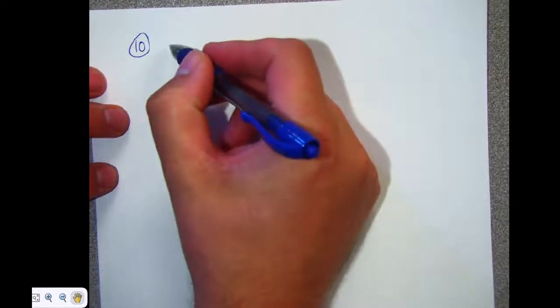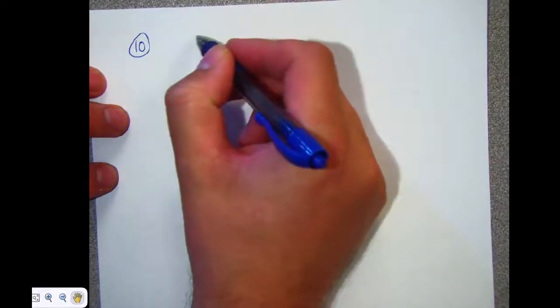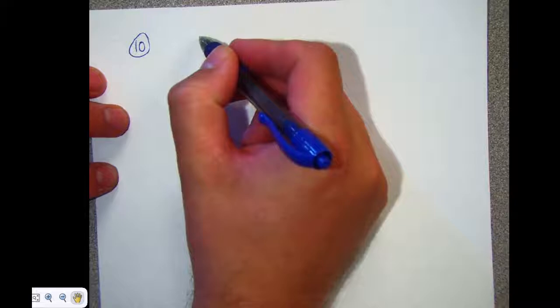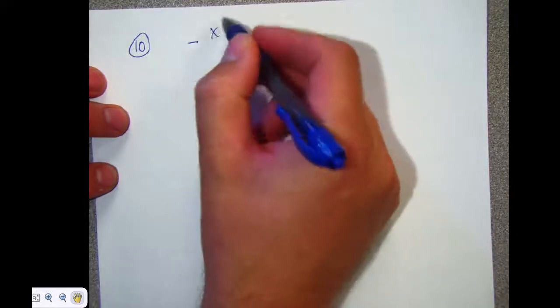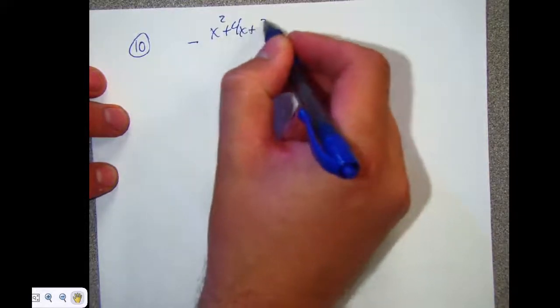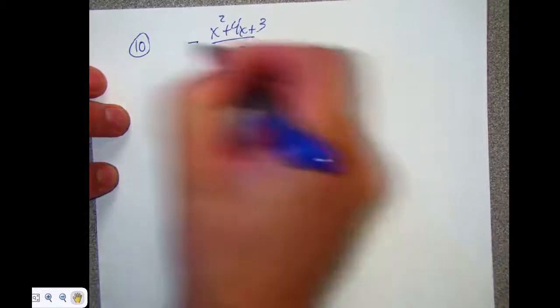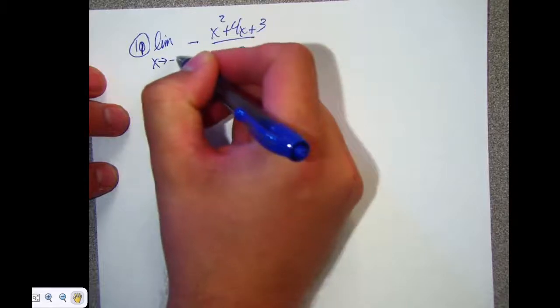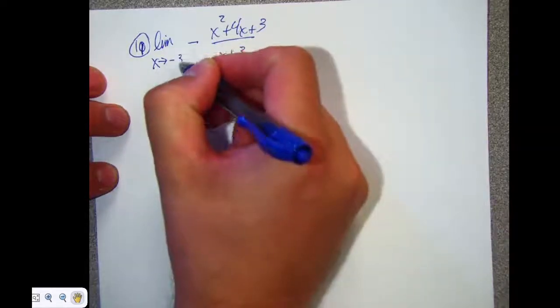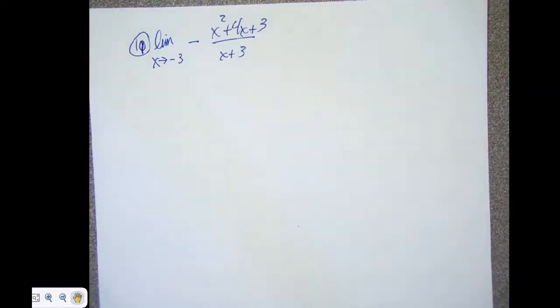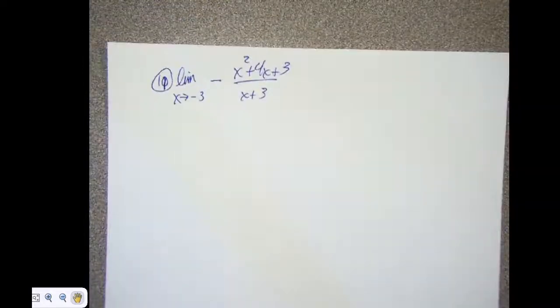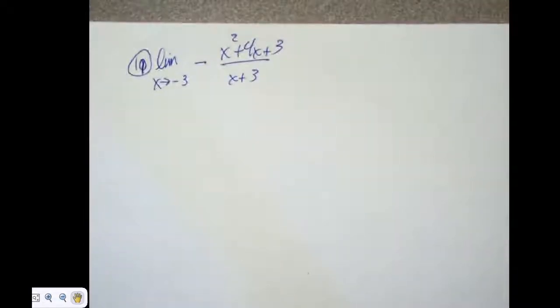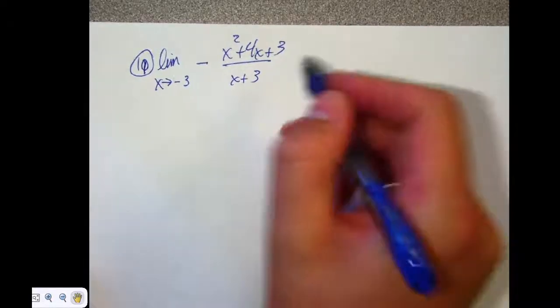So it's negative, and it's x squared plus 4x plus 3 over x plus 3. Oh, it's 11. Okay. So the limit is x approaches negative 3, I'm guessing? Yeah. Okay. If I plug in negative 3 right away, that's always my first look, can I just plug in? I'm going to get 0 over 0, so that tells me I have to do something else.